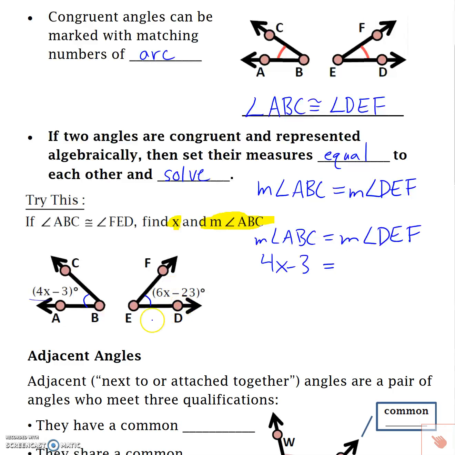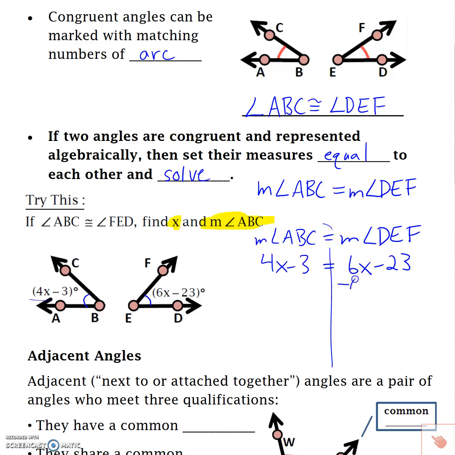The measure of angle DEF is 6x minus 23. So we can set that up and solve. First, let's get all of the x's on one side of our equation, and all of the constants on the other side.